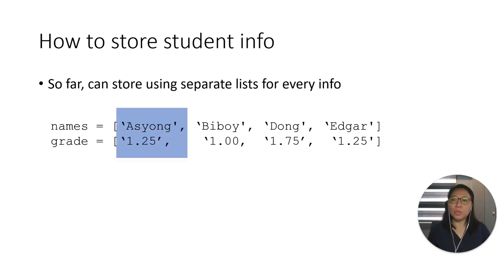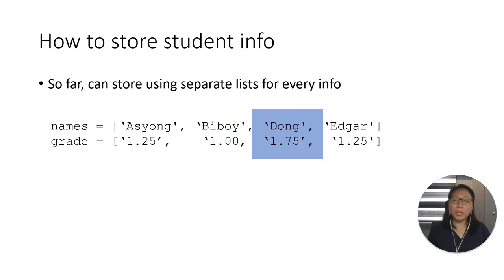We have to make sure that Ashong's grade is on index 0 of the list grade, and B-Boy's is on index 1, Dong's grade is on index 2, and Edgar's grade is on index 3.